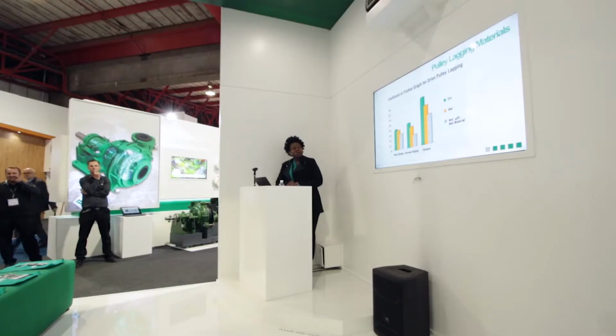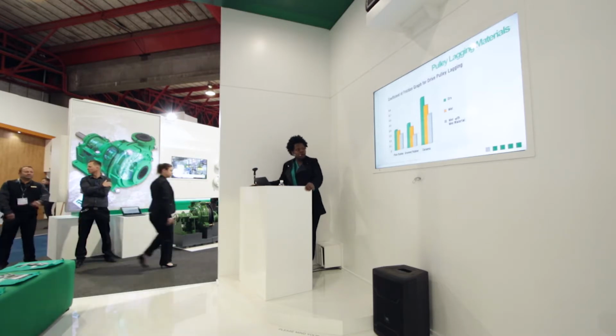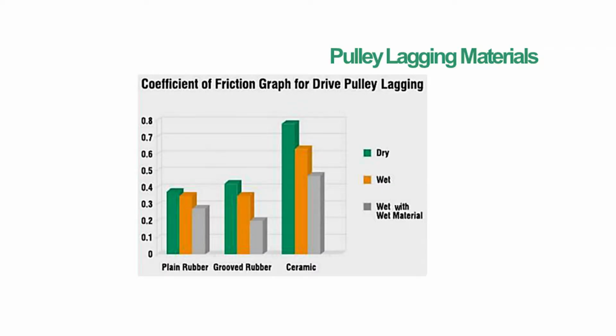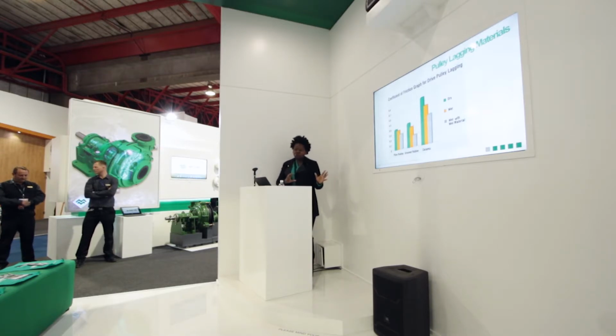Right, here we have just a comparative graph, comparing plain rubber. We know that the traditional material for leggings has been rubber, and we have had over the years improvements to grooved rubber. Still a bit of improvement in terms of the coefficient of friction from just the plain rubber that used to be used.